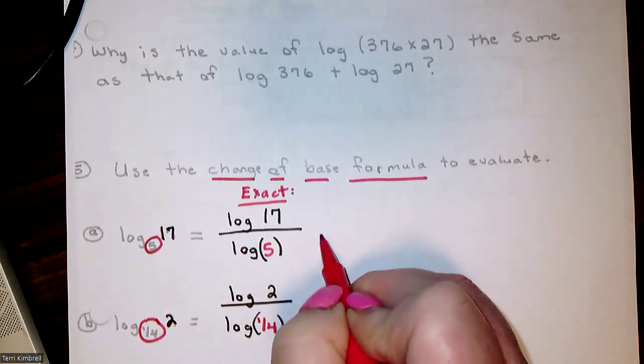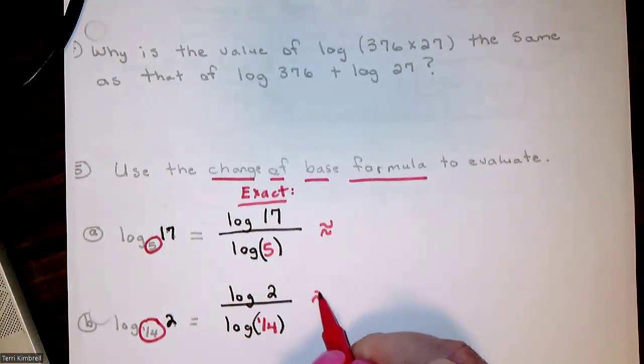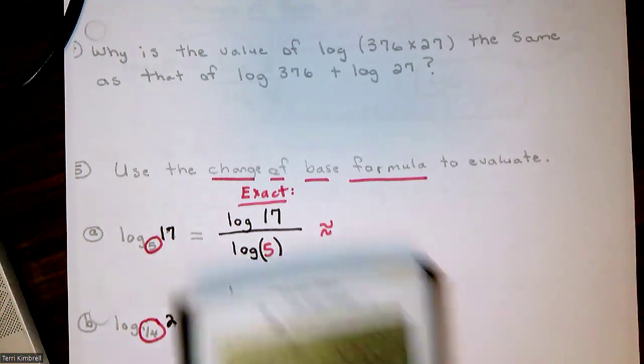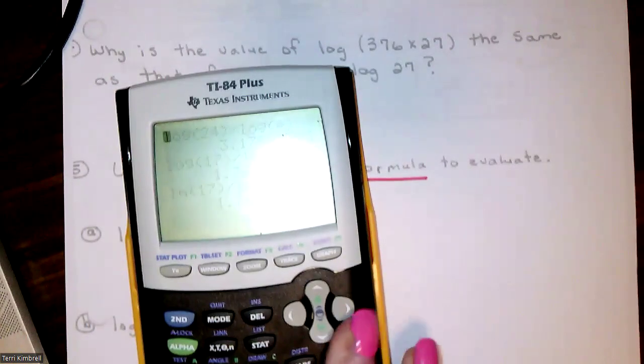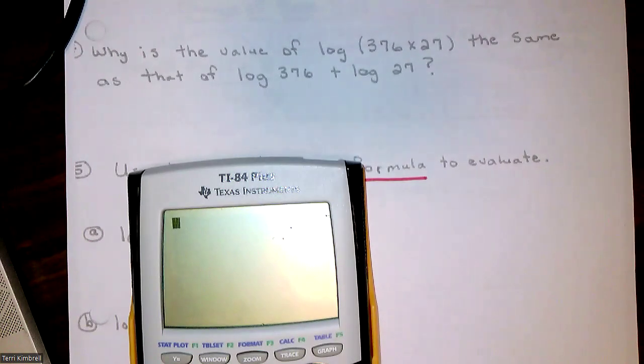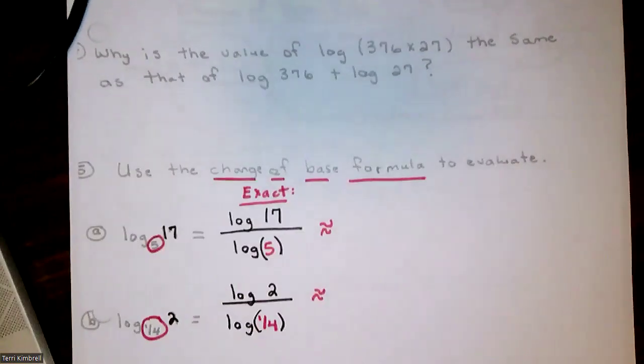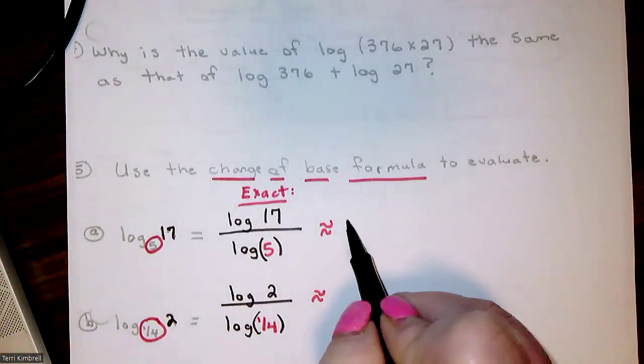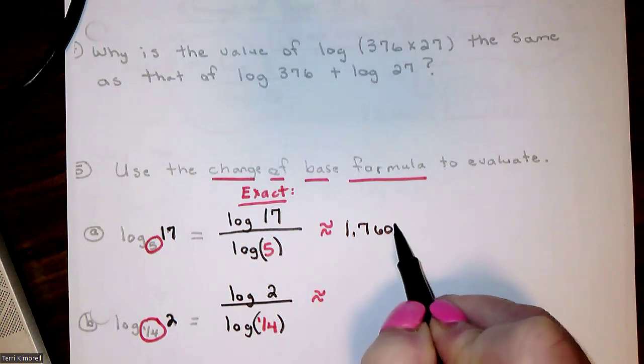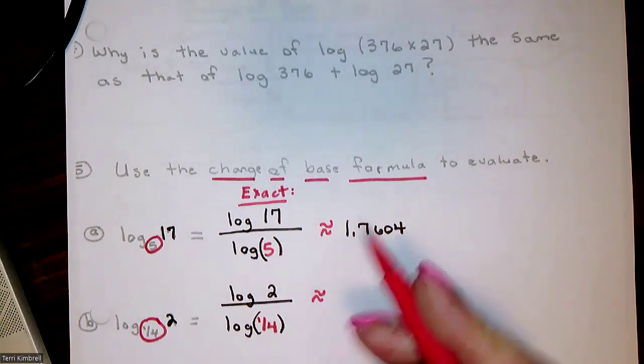So this would be exact if it tells you anything about exact or change of base. So now we'll do the approximate, just using this formula. So I'm going to type in the log of 17 divided by the log of 5. And so that would be 1.7604. So this would be rounded.